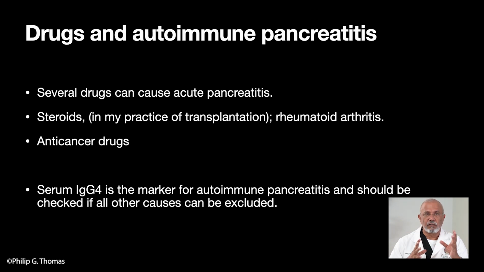Lastly, immune suppression drugs can cause acute pancreatitis, but an autoimmune pancreatitis is also now sometimes seen. Usually the pancreas is edematous and large, and you have to diagnose this by sending off immunoglobulins, and the IgG4 is the diagnostic marker of autoimmune pancreatitis.